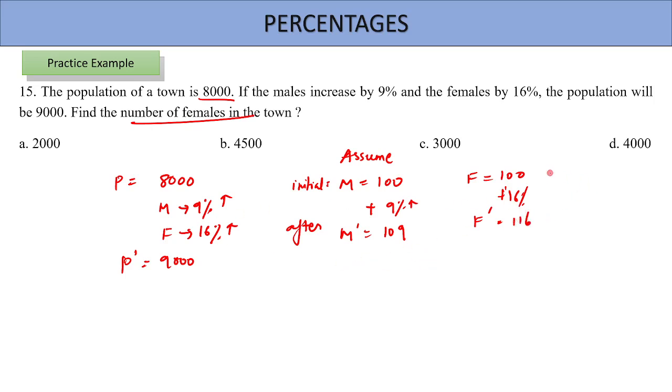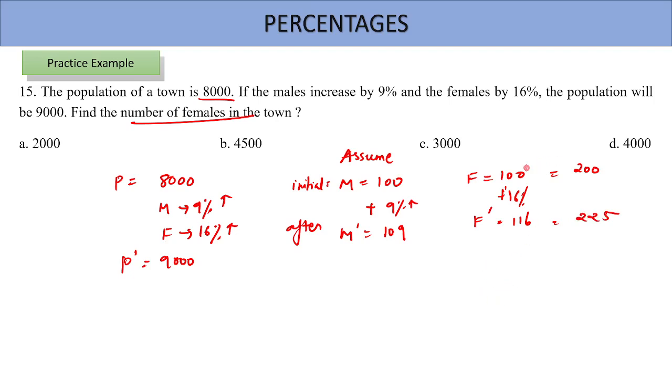So this is my total of 200 initial population, and this is my total of 109 plus 116, which is 225. This is 225.